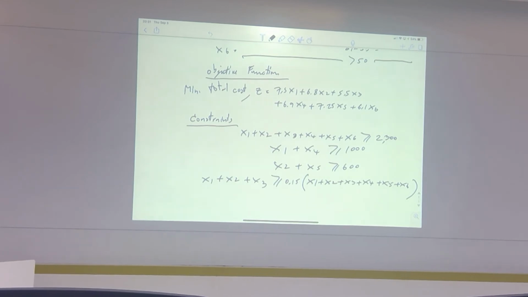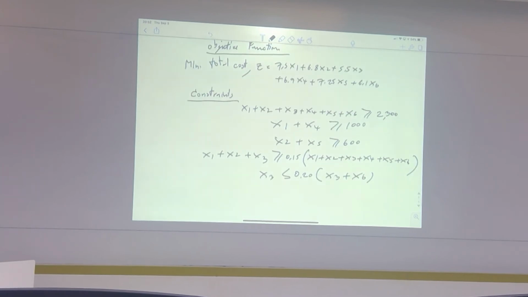Yes, correctly. x3 less than or equal to 0.2 of x3 plus x6, because x3 plus x6 is the persons surveyed whose age is 51 or more, but no more than 20% of that is the one that lives in a state bordering Mexico. Good job.